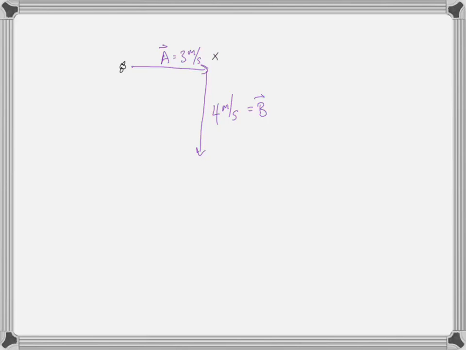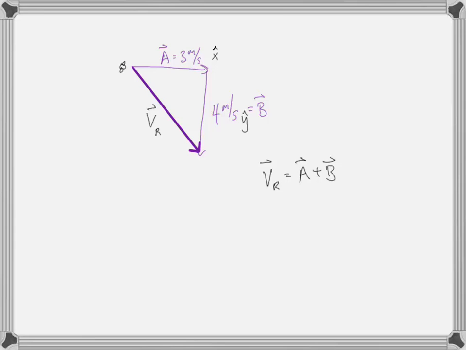I realized this was x and y, so we're not going to do east and west. So now this is 4 meters per second in the y direction. Which direction does the fly go? The fly goes in this direction, and that's the resultant velocity right there. V resultant is equal to A plus B. Is it equal to 7?